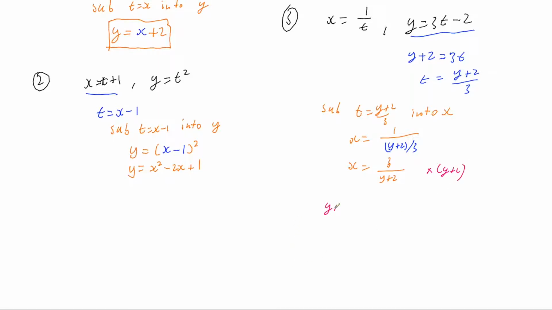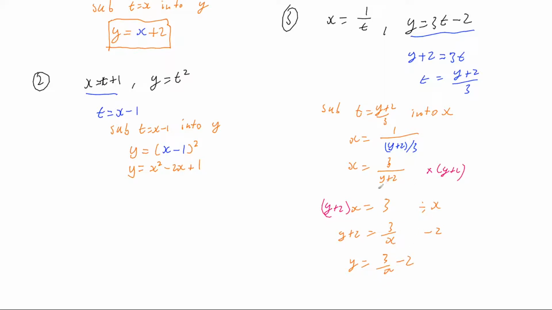That gives me y plus 2 times x equals 3. Divide both sides by x. That gives me y plus 2 equals 3 on x. And then minus 2. So y equals 3 on x minus 2, giving us a hyperbola.